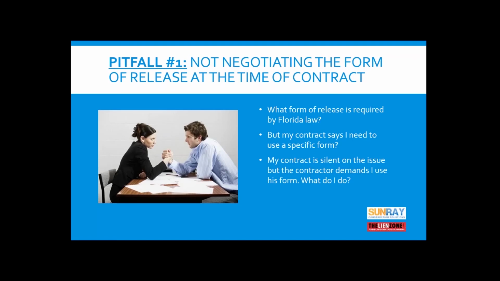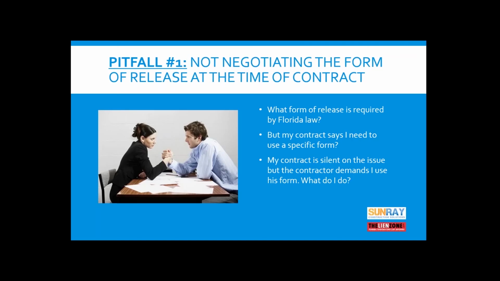What if your contract is silent on the issue, but the contractor demands that you use his form? What do you do? This is called the golden rule, which is he who has the gold makes the rules. So you have to make a business decision, unfortunately, whether or not you're going to give up rights in order to get a check.